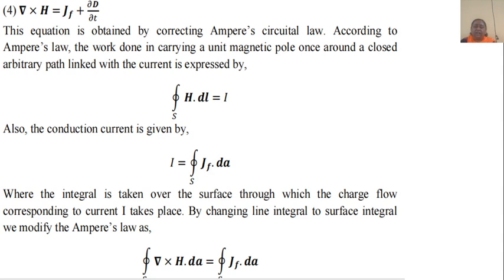By changing the line integral to a surface integral, we get the modified Ampere's law as integral over surface S of del cross H dot dA equal to integral over surface S of JF dot dA.